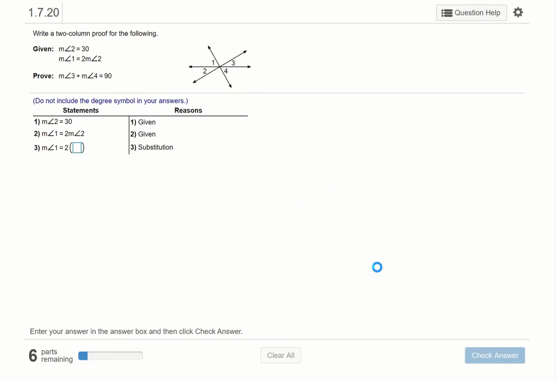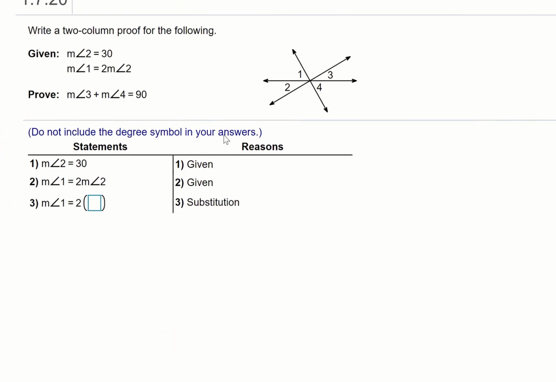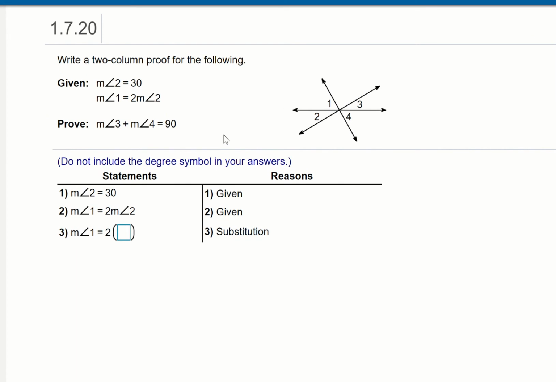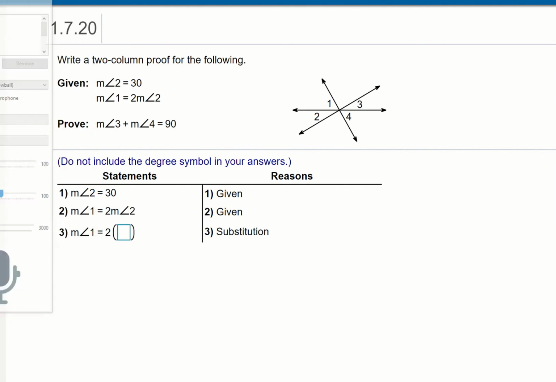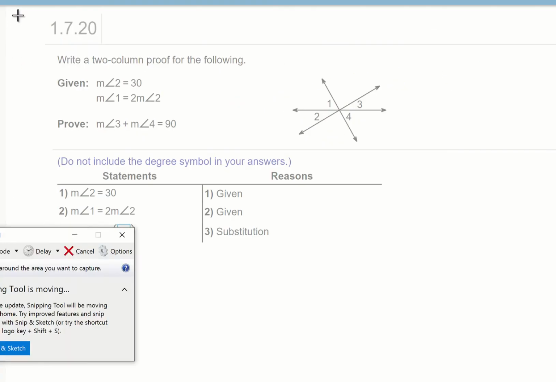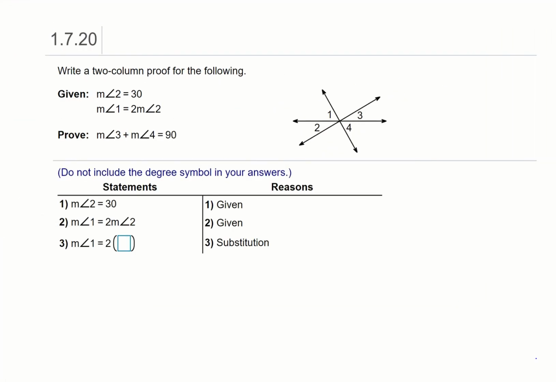We are on to our last question now. So another 2-column proof. So we have the measure of angle 2 is equal to 30. So let's go ahead and copy this. Okay, so we know that this angle is 30. And then it says angle 1 is 2 times angle 2.